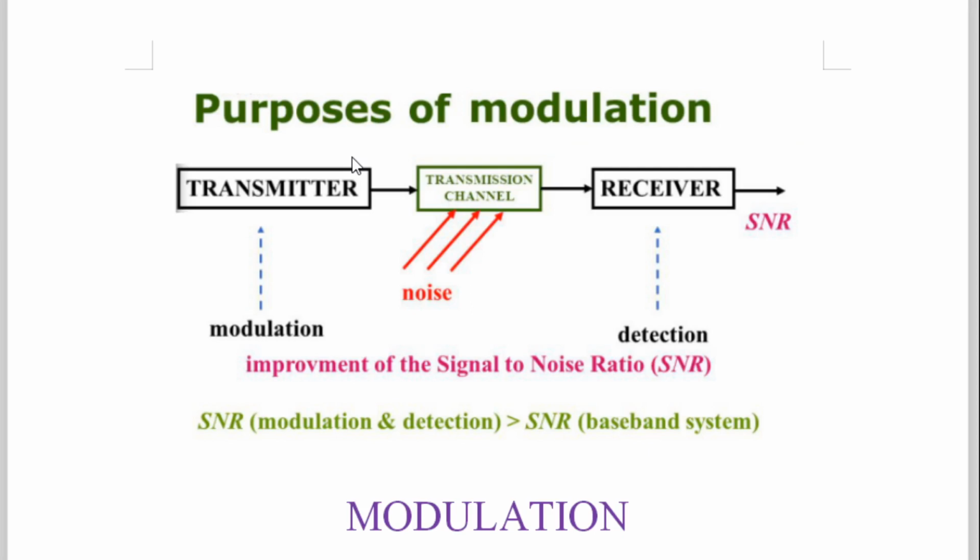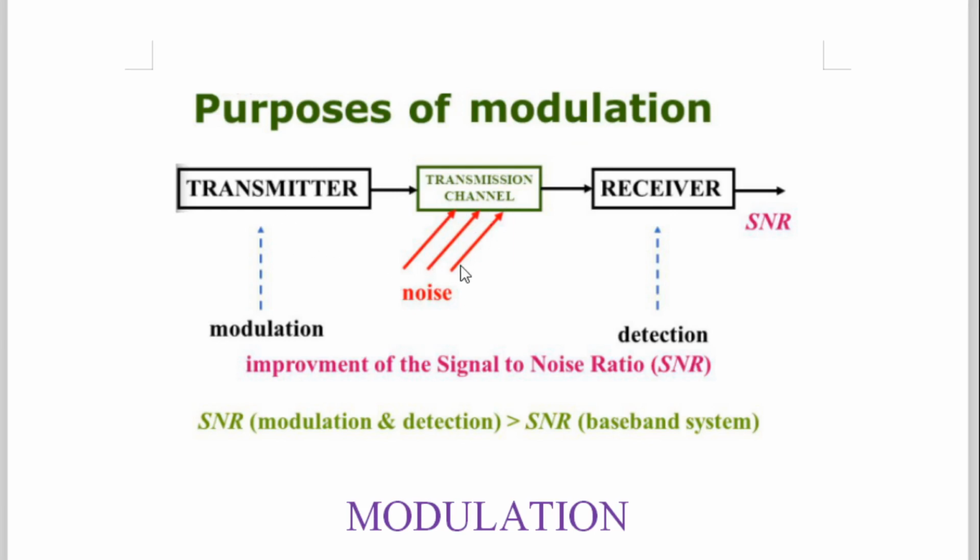So when you use a high frequency carrier electromagnetic wave, it has very high energy, and therefore when it gets transmitted from the transmitting antenna to the receiving antenna, the noise linked to it is very less. Suppose this is the transmitter and this is the receiver, and we are using very high frequency electromagnetic waves.